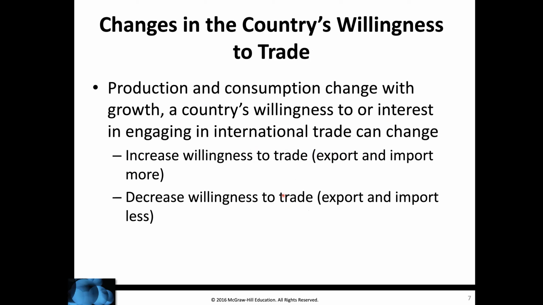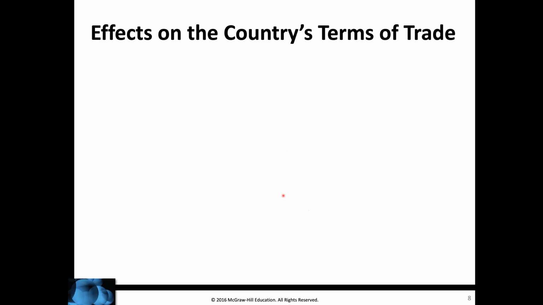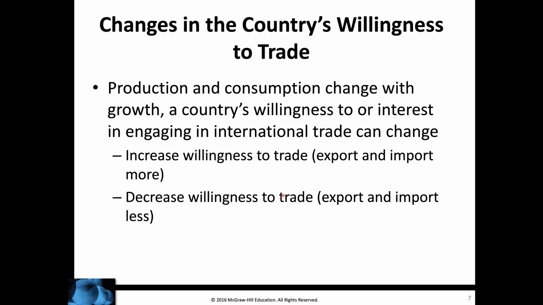They would export and import less. We looked at that before in figure 7.1, where we saw a decrease in the willingness to trade as a result of the shift of the production possibility curve resulting from changes in, or growth in, production factors.